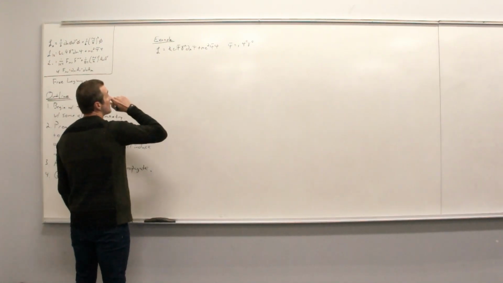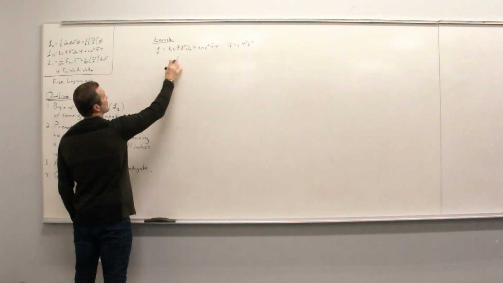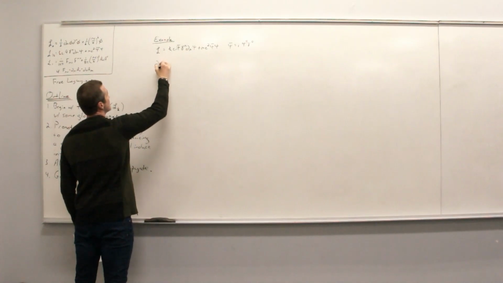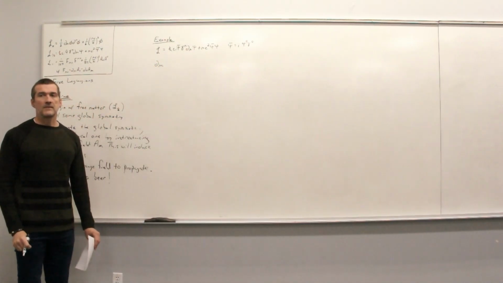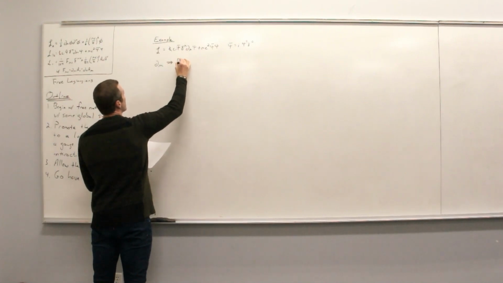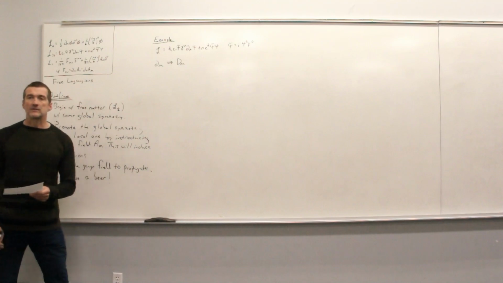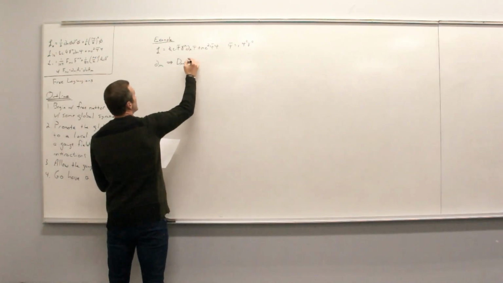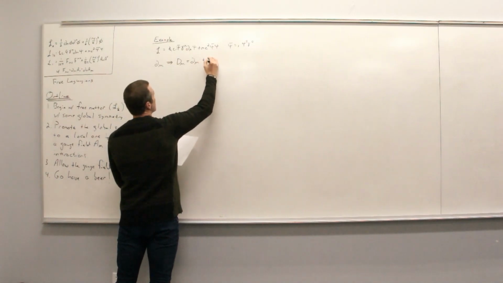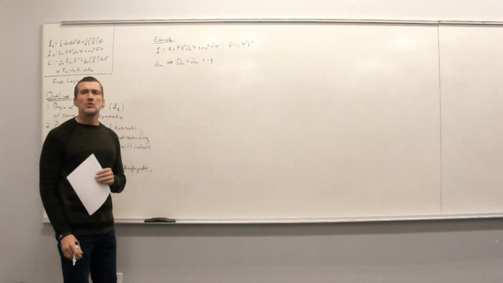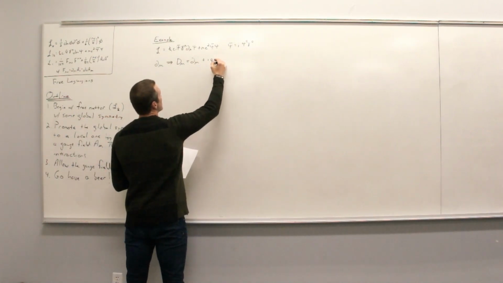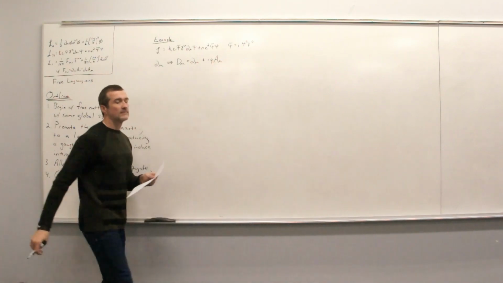So what we're going to do is replace the derivative operator with a new derivative operator, which we'll call capital D sub mu. And this new derivative operator is going to be the old derivative operator plus i times that constant q, which appeared in the transformations, times A mu.